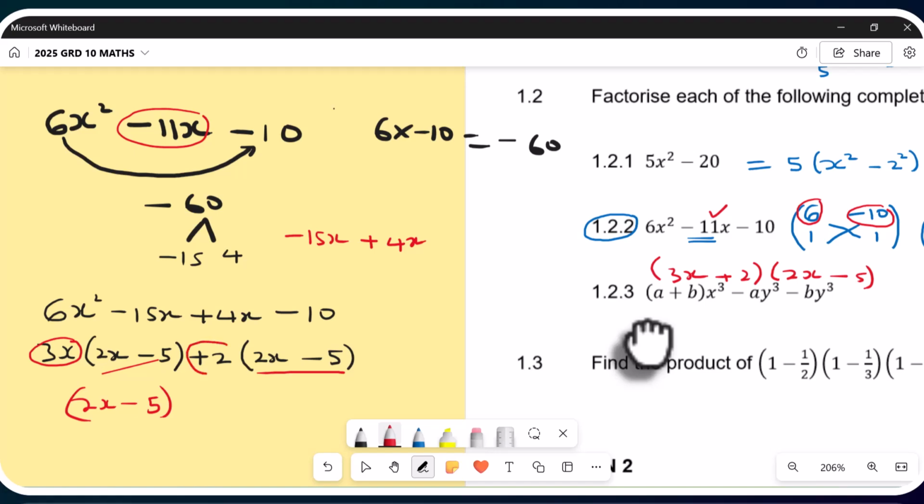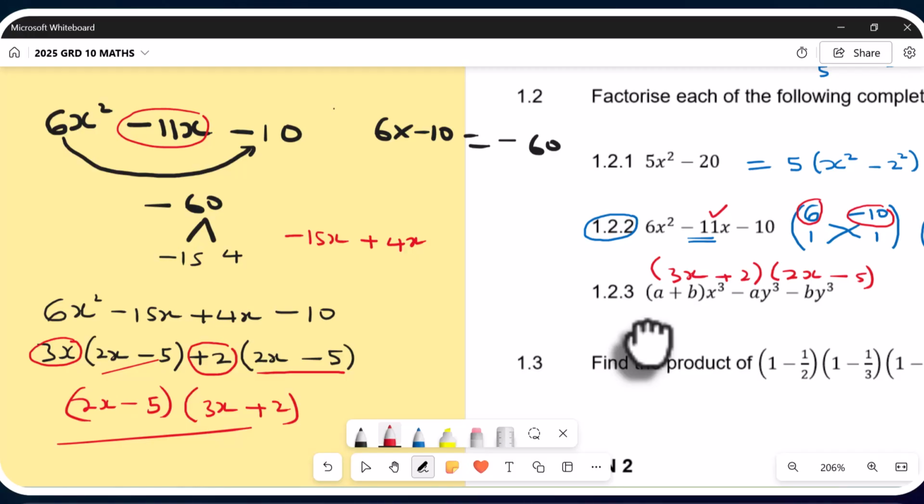So here, if we check properly, something is common here. It's a plus b. So I'm gonna say a plus b, a cubed, and then minus y cubed.